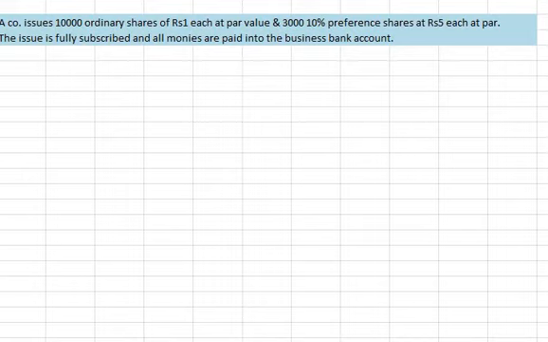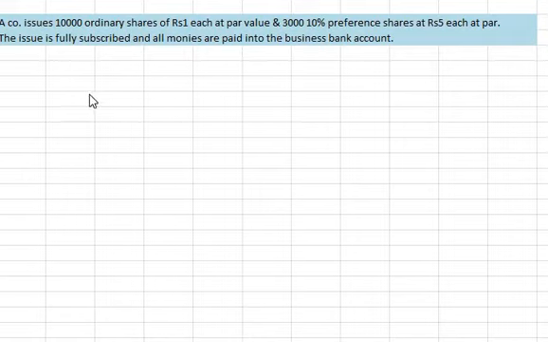Same case as the previous question. But here the difference is that in the first case we had only ordinary shares, and in this case we have 10% preference shares also. So you know what I mean by preference shares. And this 10% is the fixed rate on preference shares at which they get their dividend.